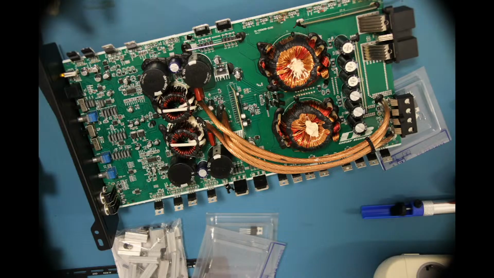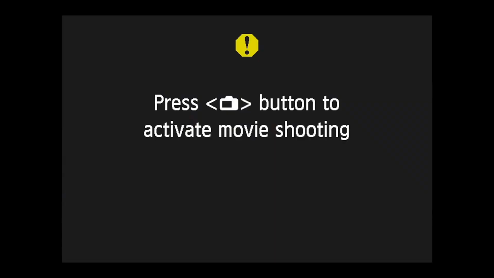Also, I have... Is it still working? Because I shot a still. Nope.